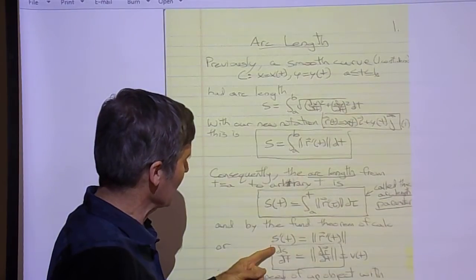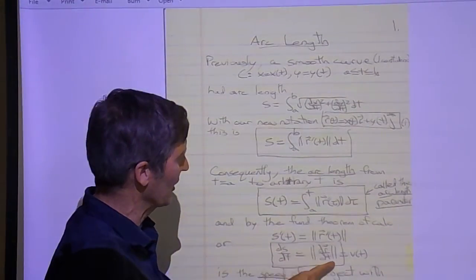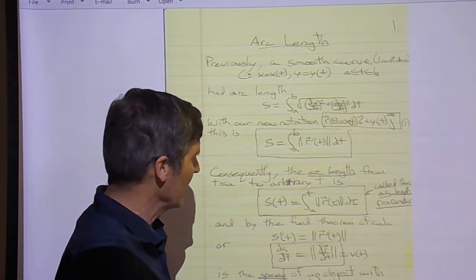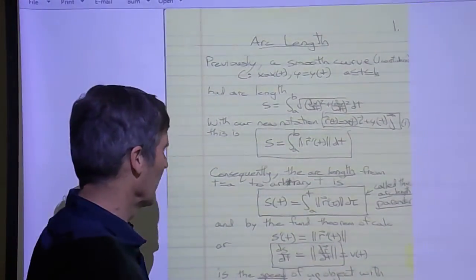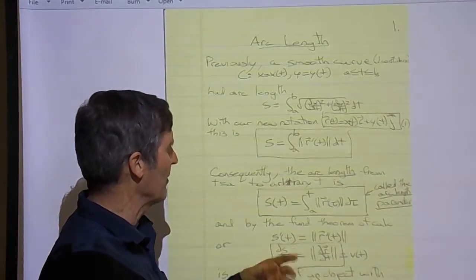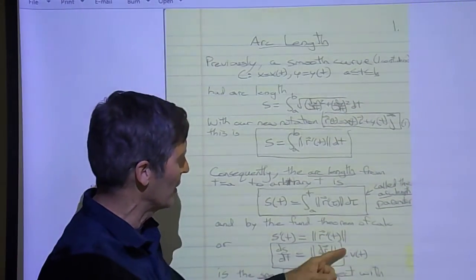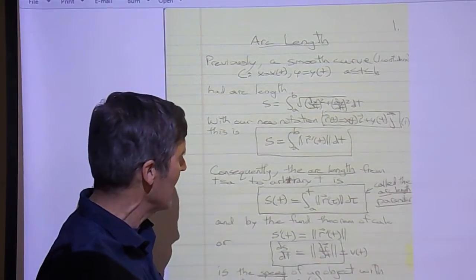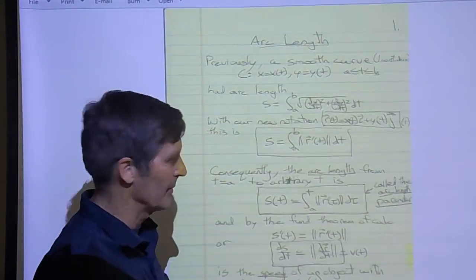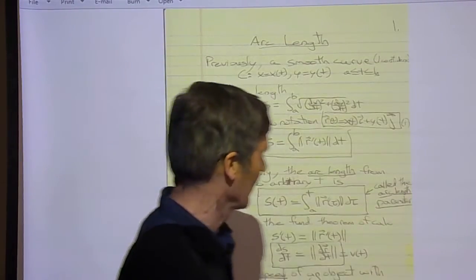Written in the other notation, this is ds/dt equals the length of dr/dt, or sometimes we'll call that v of t, the speed as we move along the curve. And so v with an arrow over the top means the velocity vector. It has components, but the little v without an arrow over the top means the root sum square of the components of the velocity vector that we call the speed.